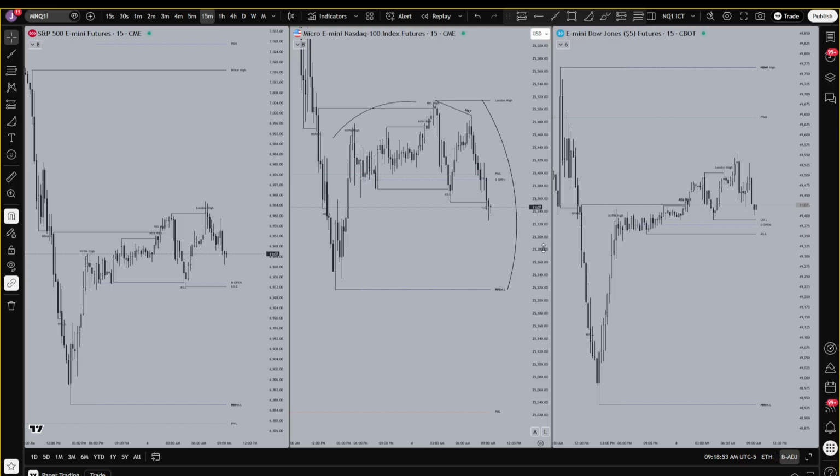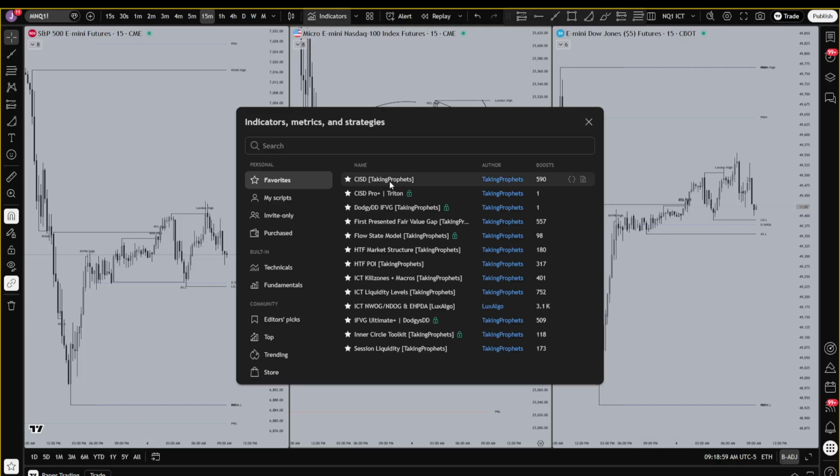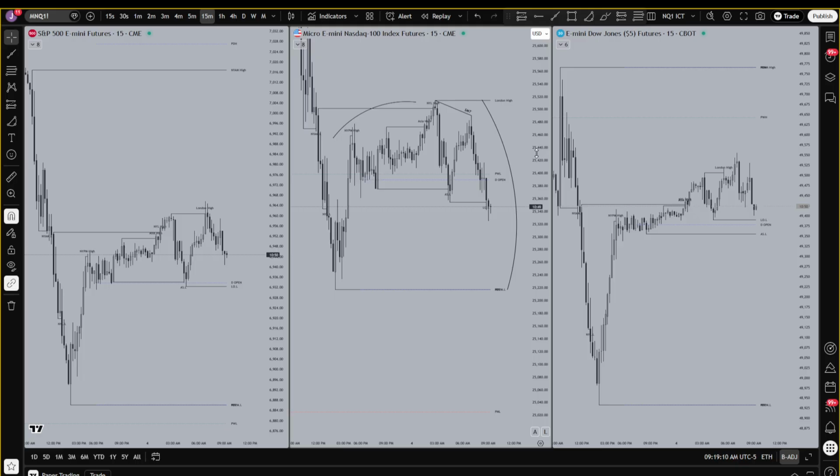What indicator is that? If you go into the top right and go to the search button and then click create, click insert indicator and then type in session liquidity. It's this one right here by taking profits. Session liquidity by taking profits. That's the indicator.